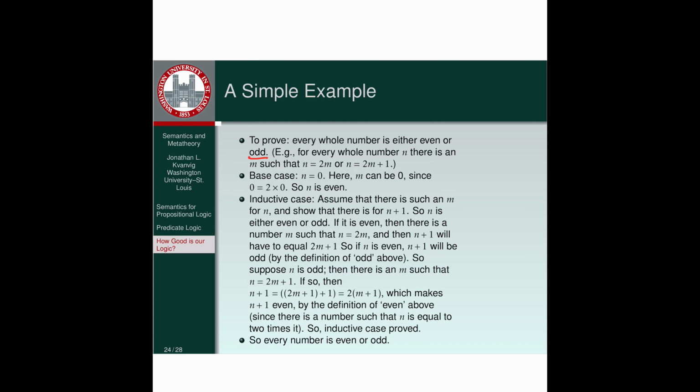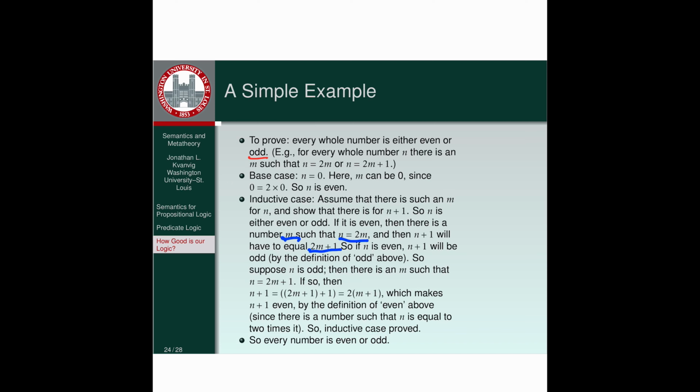Assume that there is such an m for n, and our job is to show that it also holds for n plus 1. So n is either even or odd. We get to assume that. If it's even, then there's a number m such that n equals 2m, and then n plus 1 will be equal to 2m plus 1. So if n is even, n plus 1 will be odd by the definition of odd above.